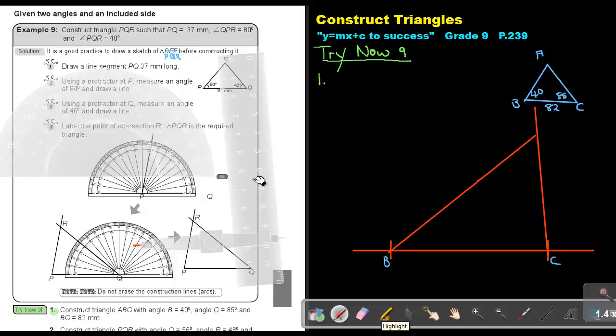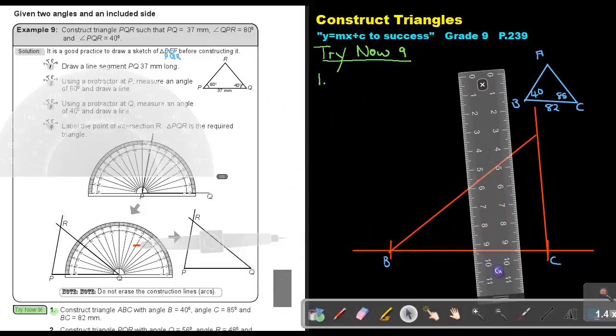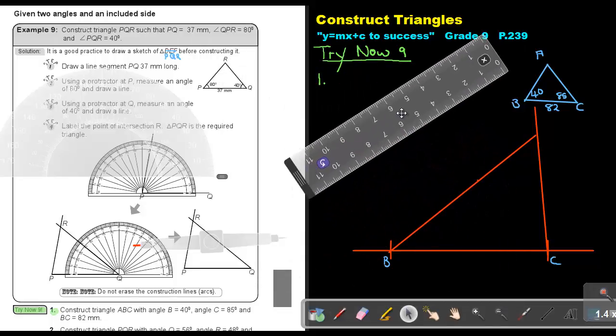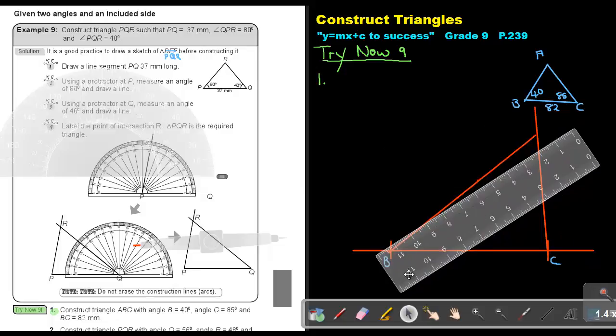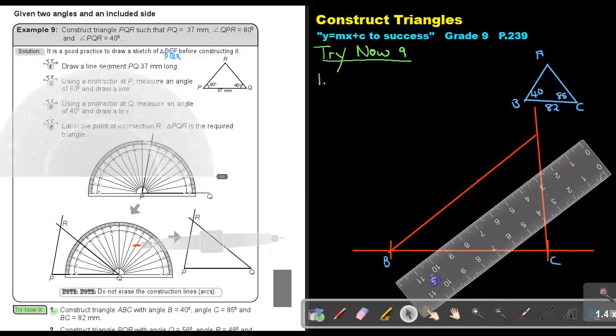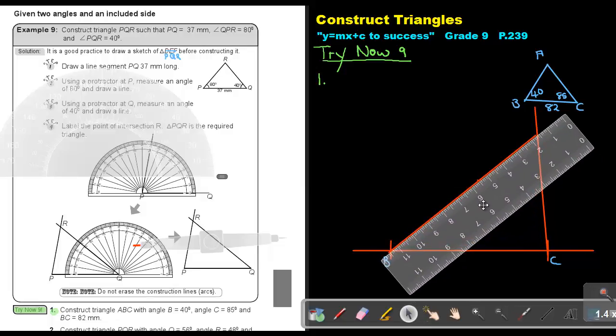So I'm going to do it correctly. What I'm saying is that you have to go back with your ruler, put it there, and just extend that line.